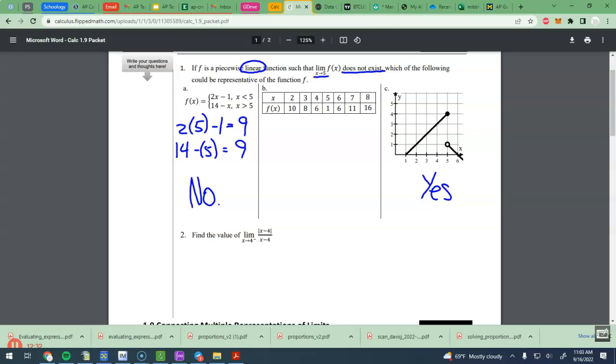Like if I'm asking for the limit as x approaches 3, do I care what the y value is at x equals 3? I don't. We don't care. So this does not matter. I don't care what the y value is at that spot. I just care what it looks like it's heading towards.